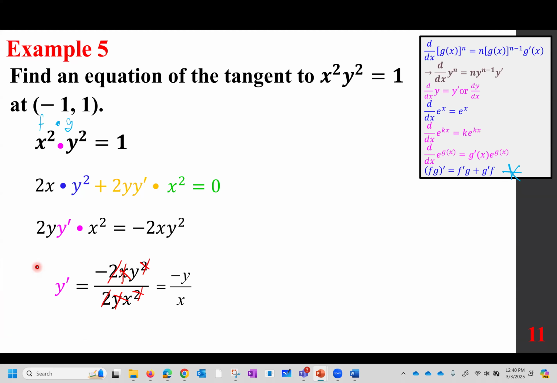And the slope is the same thing when you plug in the pair. And the notation is minus y over x, such that we plug in negative 1, 1. So you replace the x with negative 1 and the y with positive 1, you get minus 1 over minus 1, which makes it positive 1.